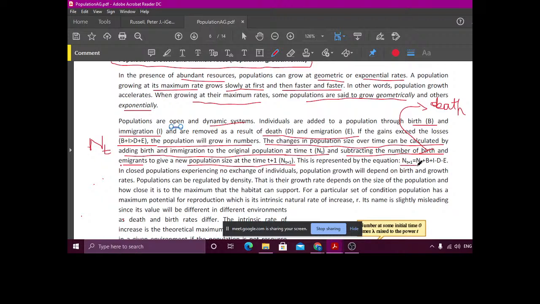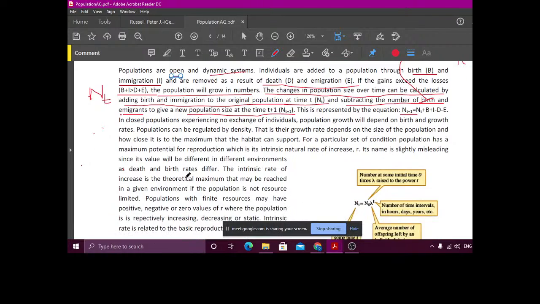So Nt+1, the final population after time t plus 1, is Nt plus B plus I minus D minus E. So this is the final population. In a closed population experiencing no change of individuals, population growth will depend upon birth and death rates.